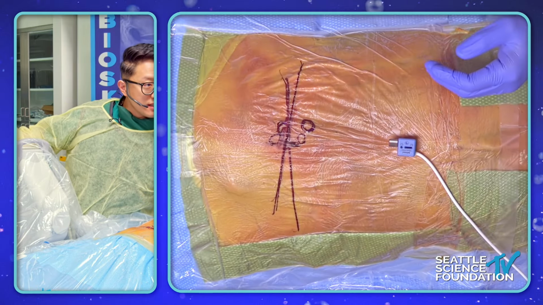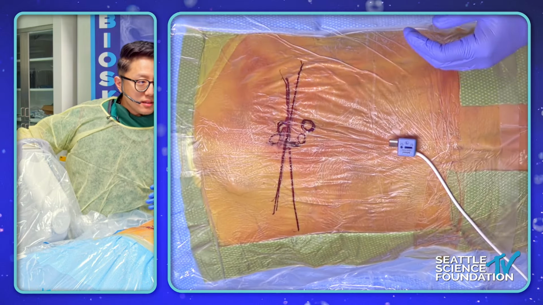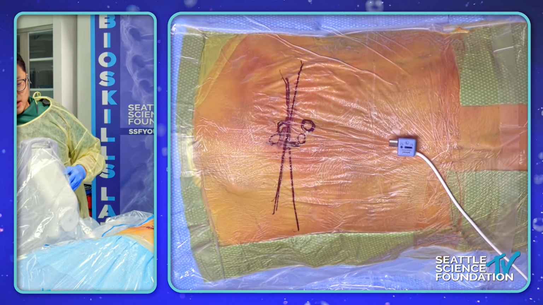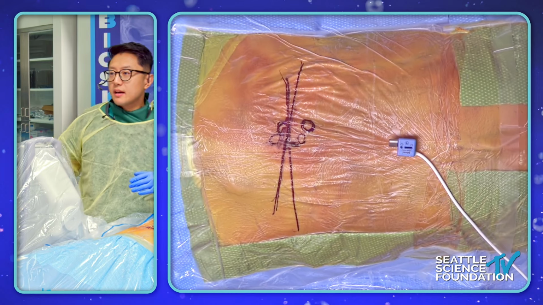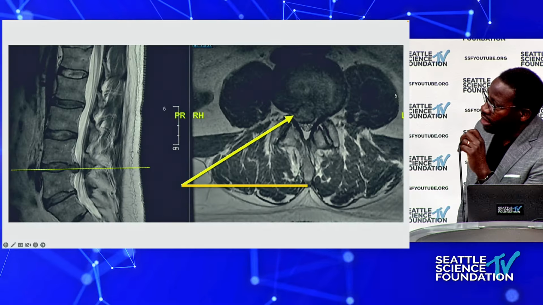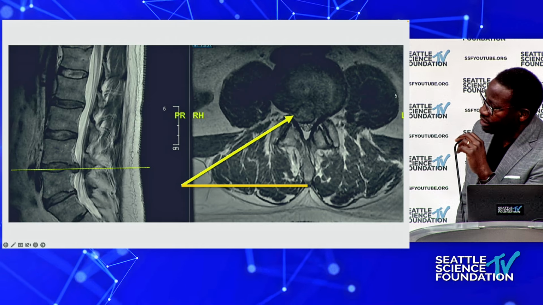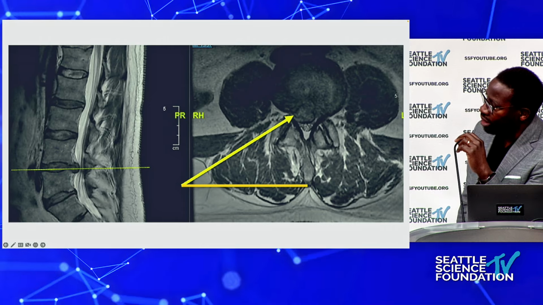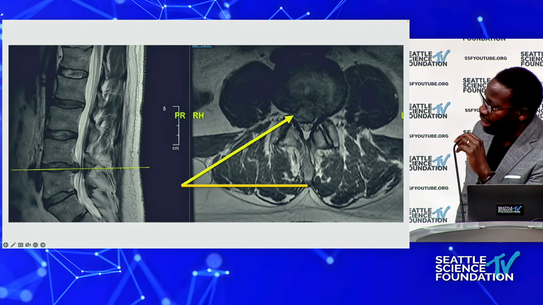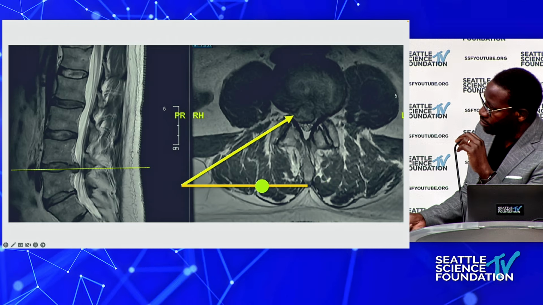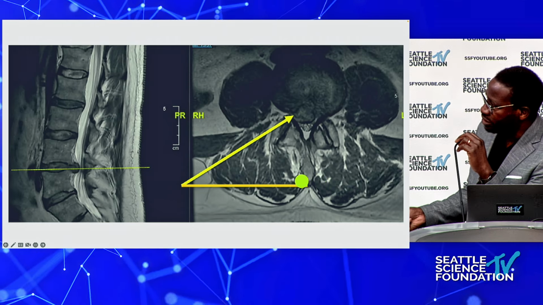Just for those in the audience, what he's trying to do is identify a starting point for his incision, and he's looking to have his instrument in line with the plane of the spinous process line, so the top of the spinous process.